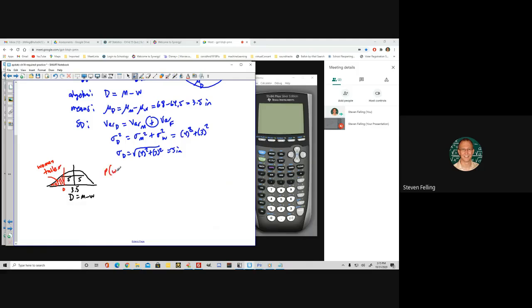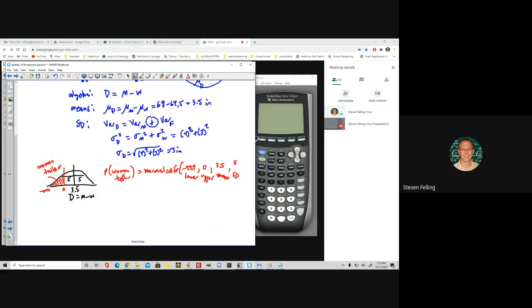Okay, so to find that, that's just a probability under a normal curve. So the probability that the woman is taller, we can just use our normal CDF function from earlier in the class, right? We can say that's equal to normal CDF from negative infinity, so negative 999, let's say, for the lower bound, up to 0 as the upper bound, if the mean is 3.5 and the standard deviation is 5.